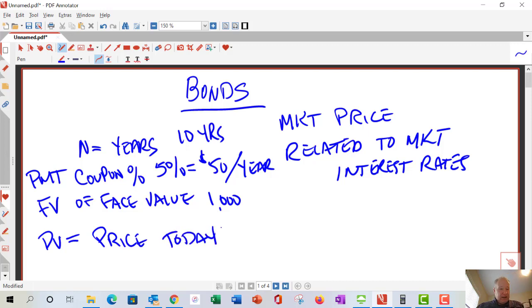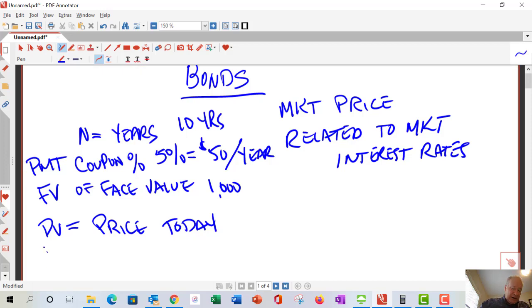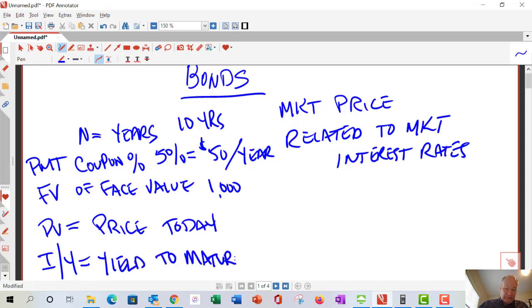And I/Y is our yield to maturity. So in other words, we buy the bond today, we hold it to maturity. This is the annual yield that we'll earn on this bond.